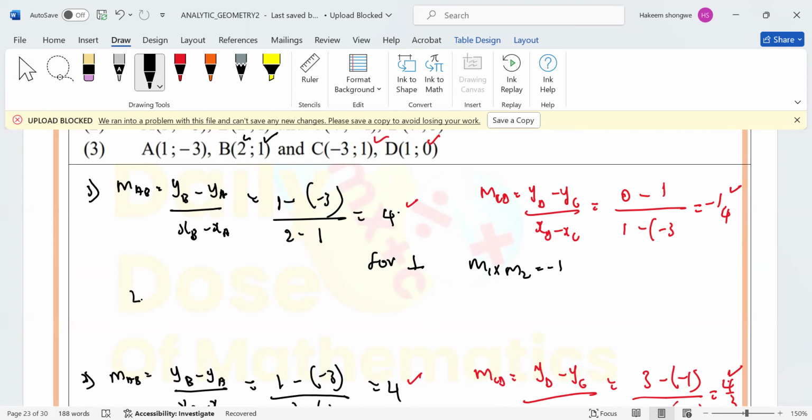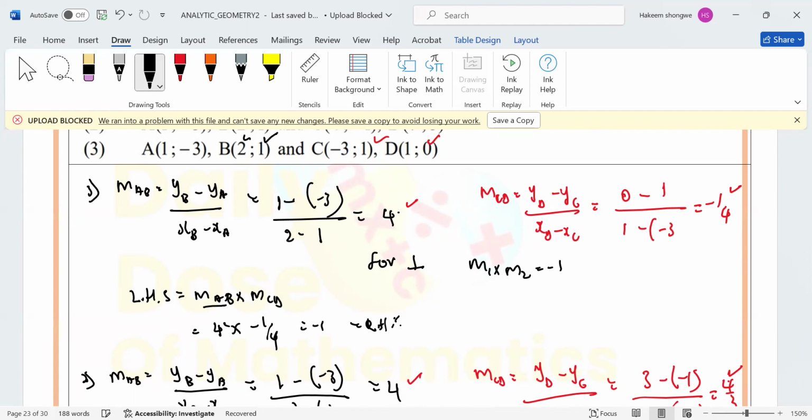Then I have my left-hand side. What do you have on your left-hand side? You have M of AB multiplied by M of CD. M of AB is 4, multiplied by M of CD, which is minus 1 all over 4. Which gives you what? Minus 1, which is equivalent to the right-hand side.